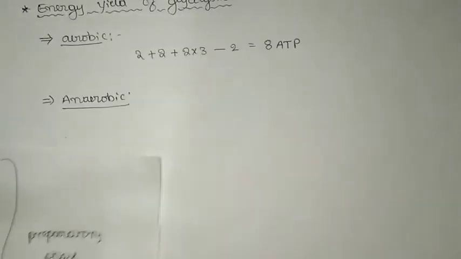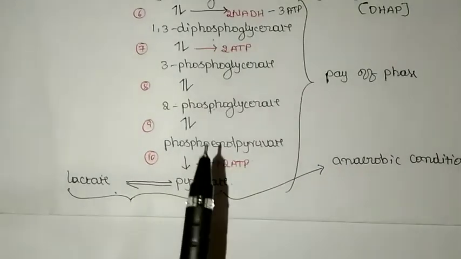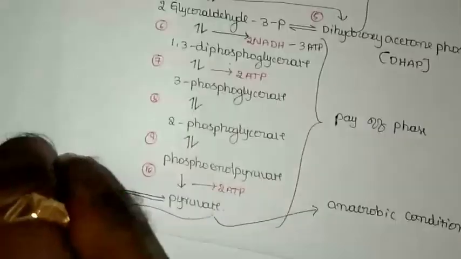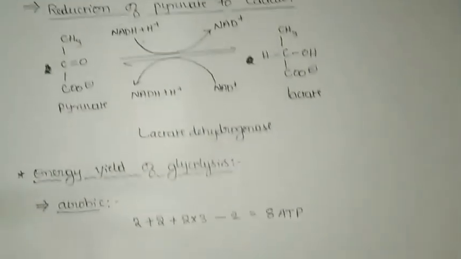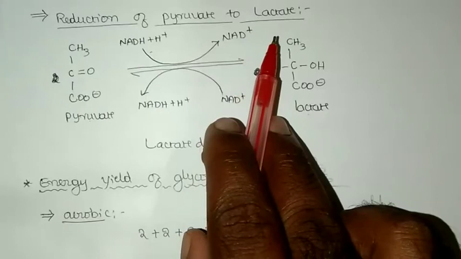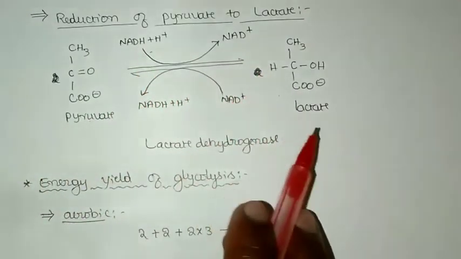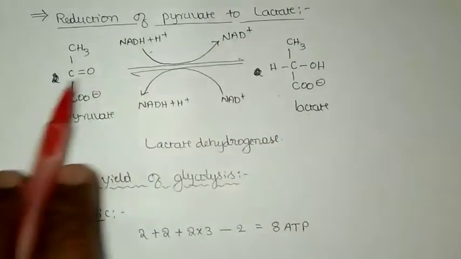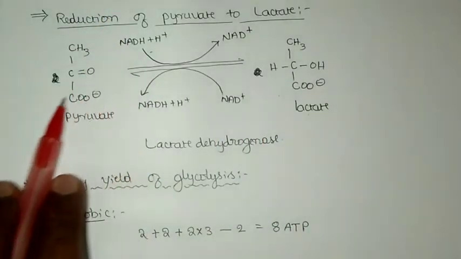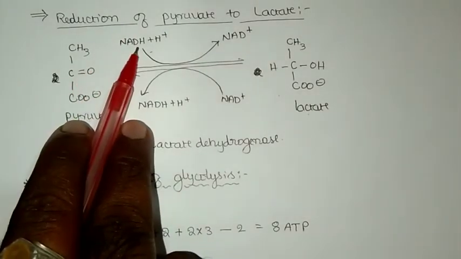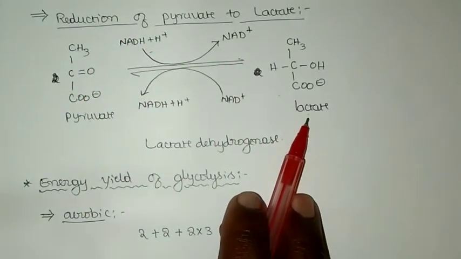The same thing will continue, but in case of anaerobic condition, in the reduction of pyruvate into lactate, there occurs utilization of NADH so as to produce lactate. Each glucose molecule will produce 2 pyruvate molecules, and each pyruvate molecule consumes 1 NADH in producing lactate.